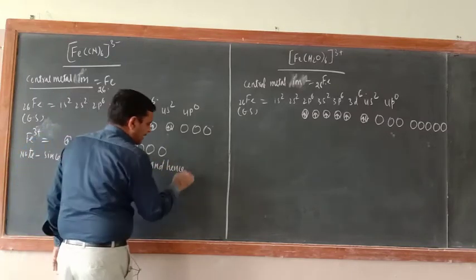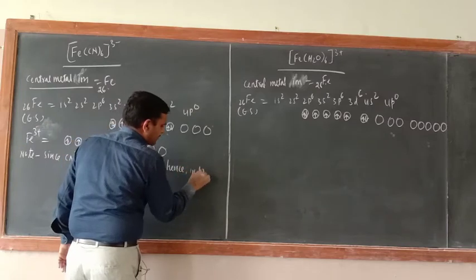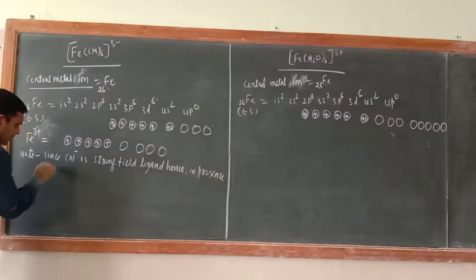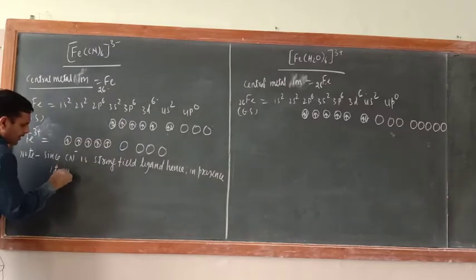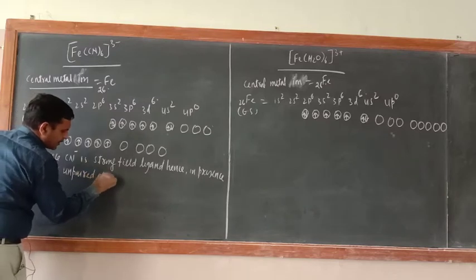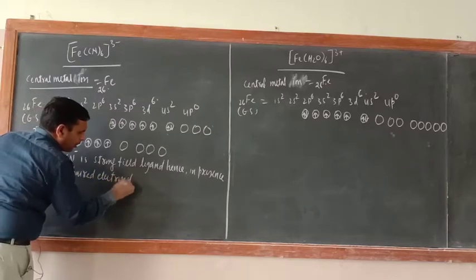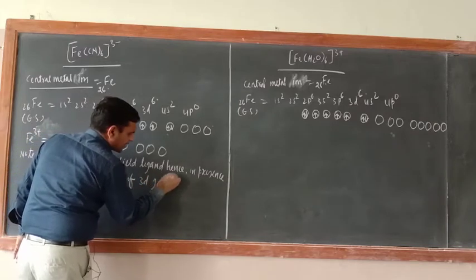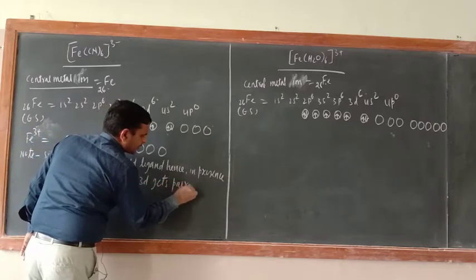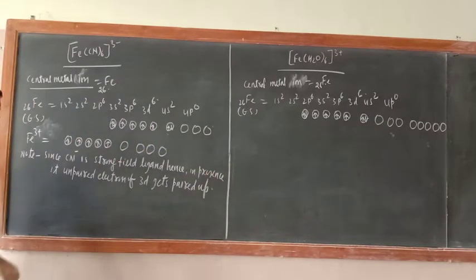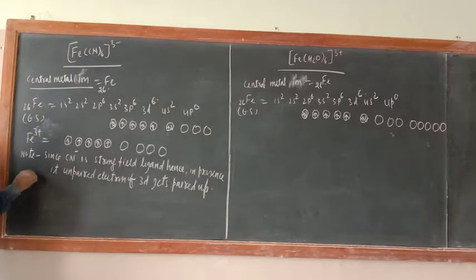Hence in the presence of it, the unpaired electrons of 3d get paired up. Okay, so just see here Fe3+.